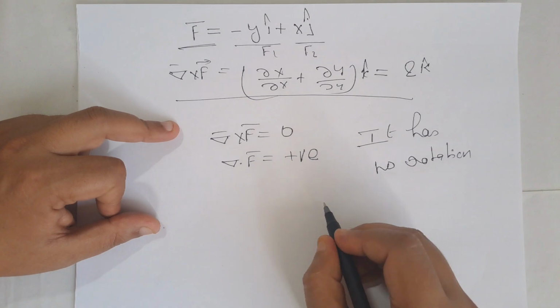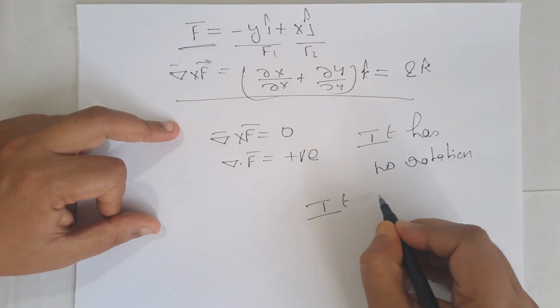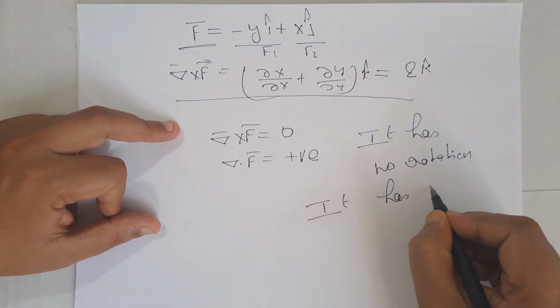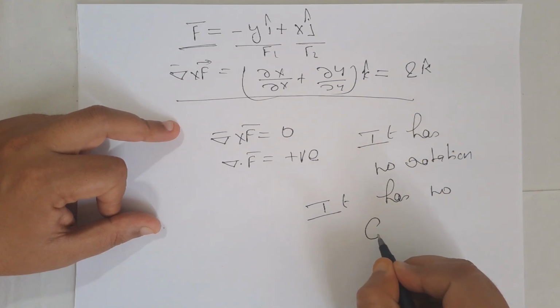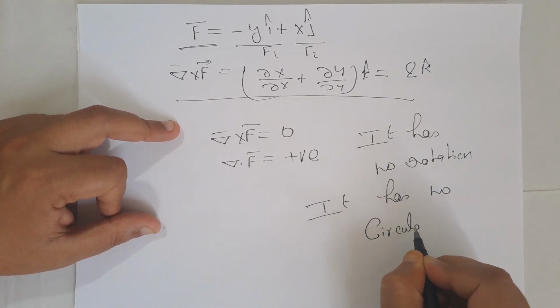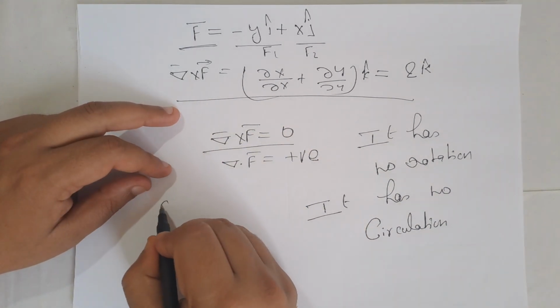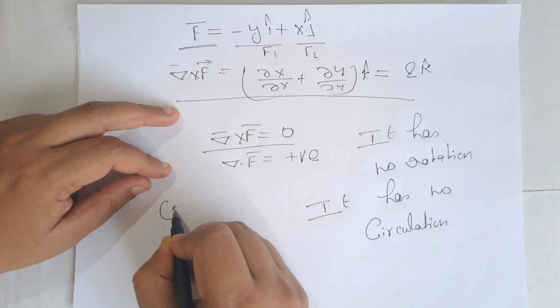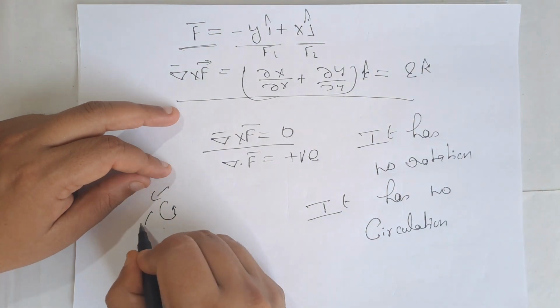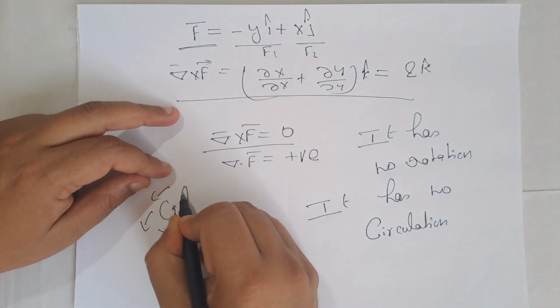It means it has no circulation. We know that the curl of any vector field tells about the circulation of the vector field.